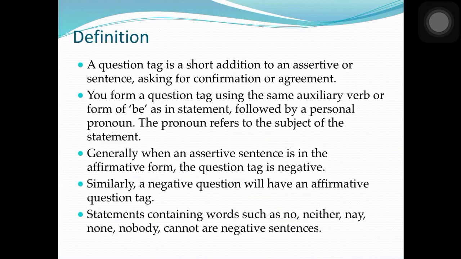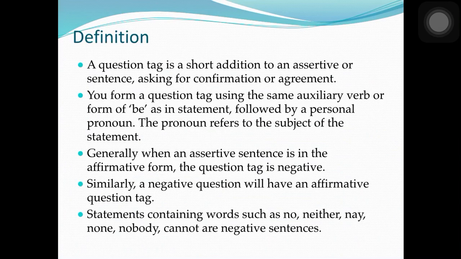Now, there are two essential rules. These rules are very important. Rule number one is when an assertive sentence is in affirmative form, meaning when the sentence is positive in simple language, the question tag is negative. You have to put a negative question tag there. Always remember this.